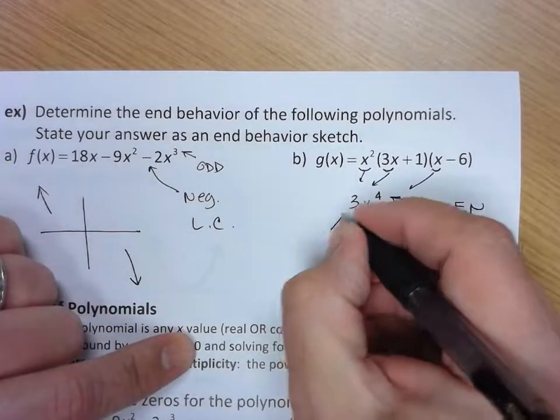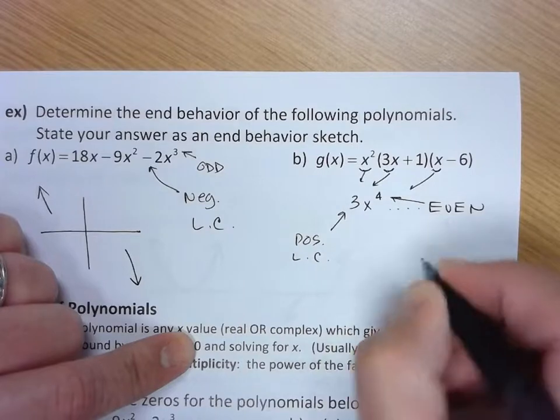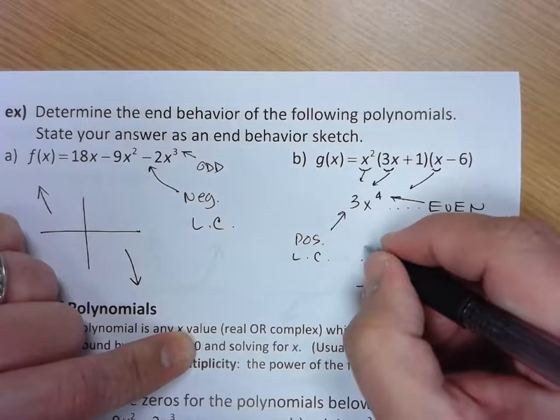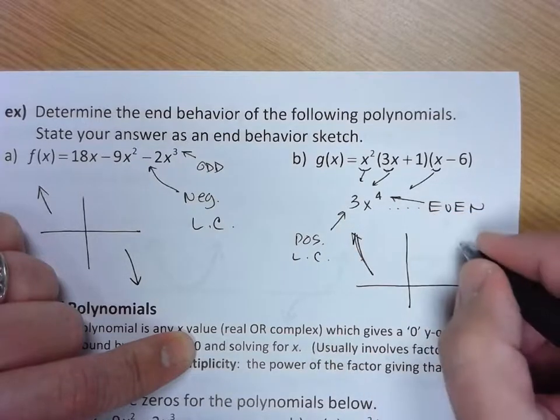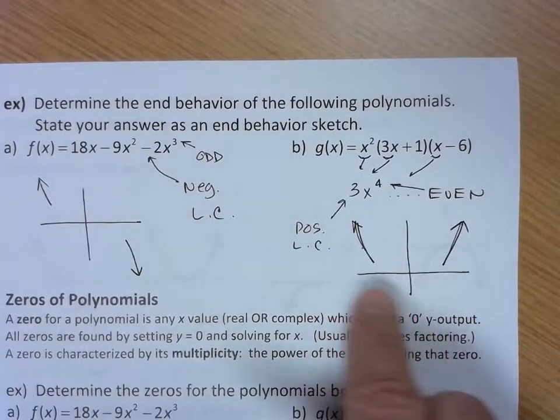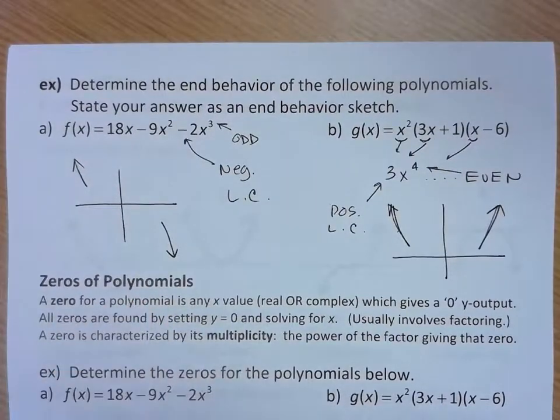But then with a positive lead coefficient, that means that this graph is going to have end behavior that looks like this. Even degree with a positive lead, the left and right ends are going to go up. And we'll discern information about what happens in the middle shortly once we start talking about the zeros of a polynomial.